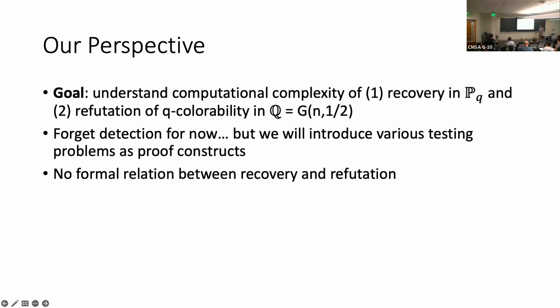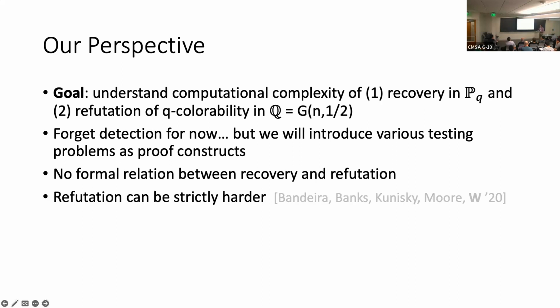Let me also point out there's not really a formal relation between recovery and refutation as far as I'm aware. Recovery is a problem about the planted distribution. I'm giving you a distribution where there's actually a solution there. Refutation is a problem about the null distribution, where there's just a random graph. And so the only thing really connecting these two is our perception of which planted and null distributions should be related somehow.